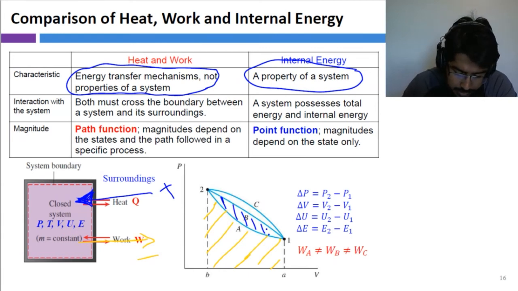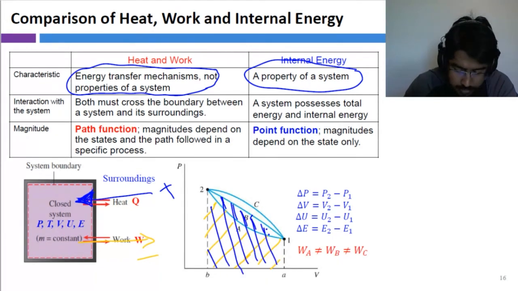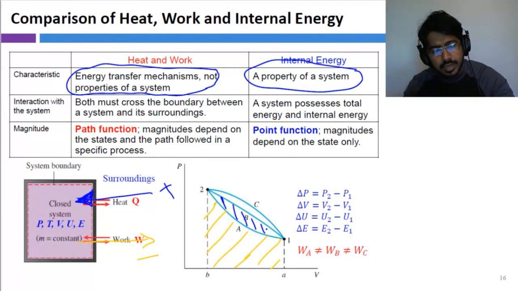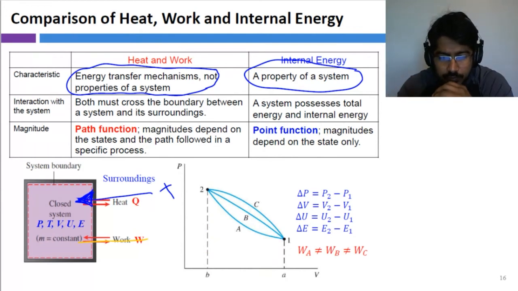So the total work done in process B would be like this one. I just highlighted the additional work earlier. And if we follow path C, the total work would be this, right? Up to that curve, right? So now, are we all clear about that one? Being path functions and not path functions?